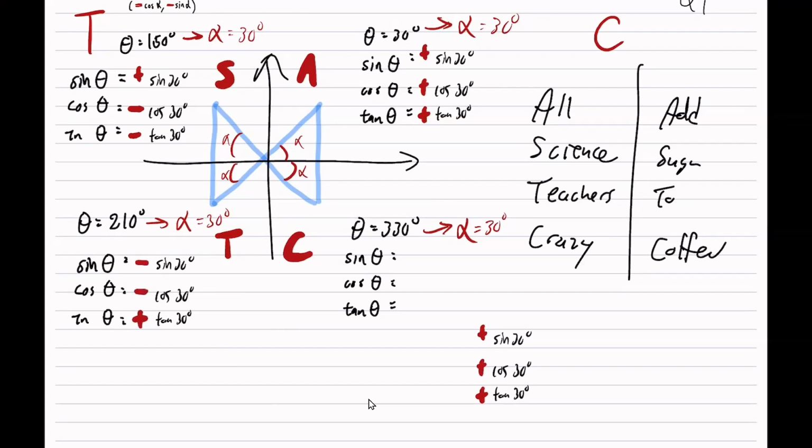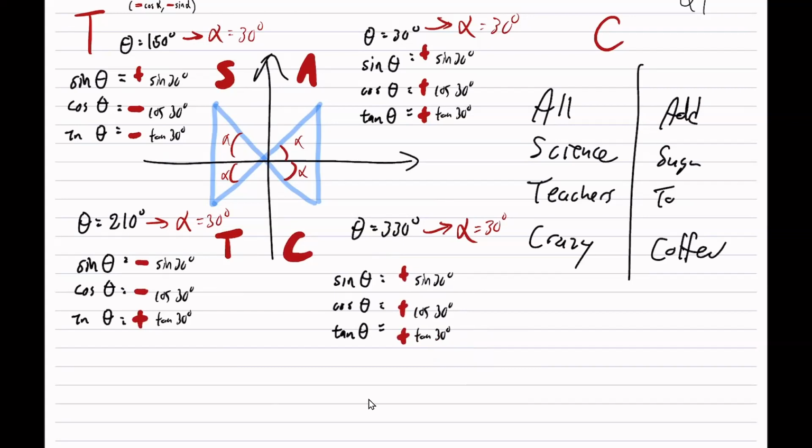How about cosine? Cosine positive, the rest negative. Very good. So like this. Clear? Whatever the number is, sine 30, you can use a calculator, 0 point whatever. Actually, it's a half.